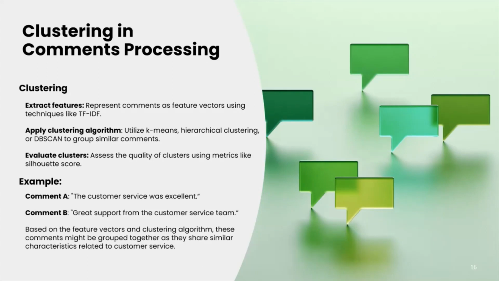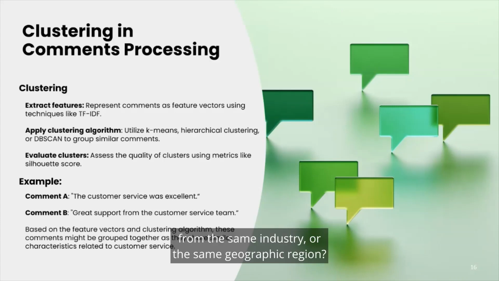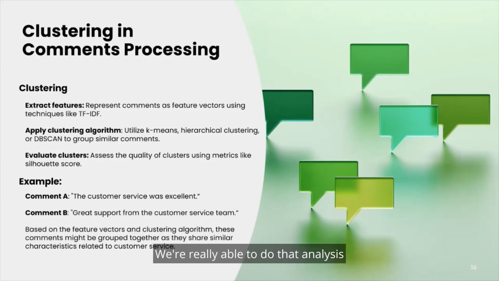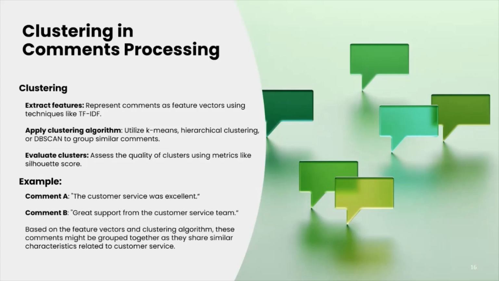For example, were those clusters of duplicates from the same industry or the same geographic region? We're really able to do that analysis for any of the other metrics that we're collecting and that we've gathered along the way in doing this analysis. So again, this is a very important component of Comments AI.